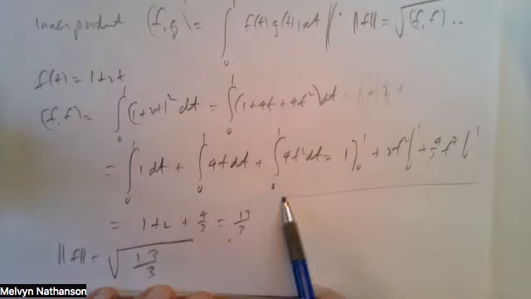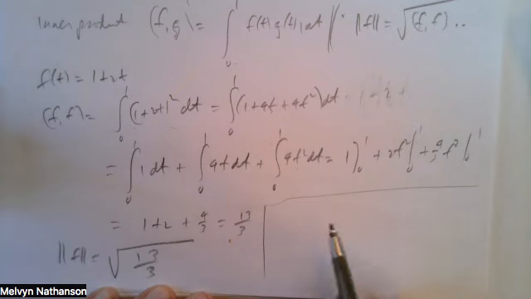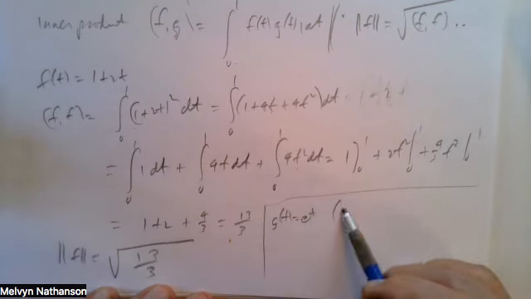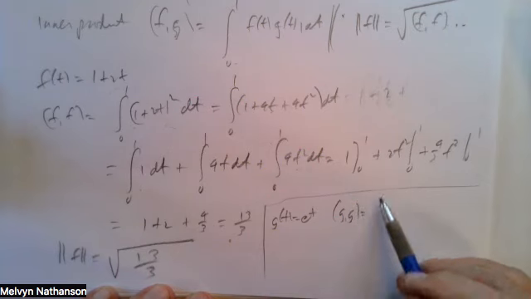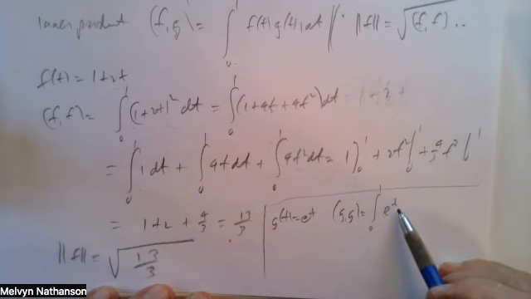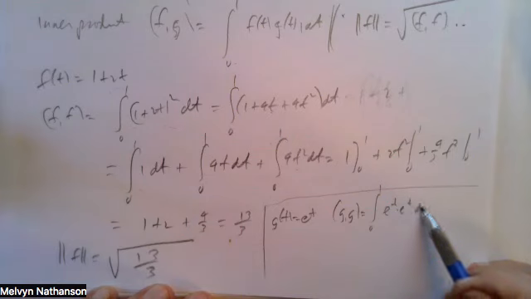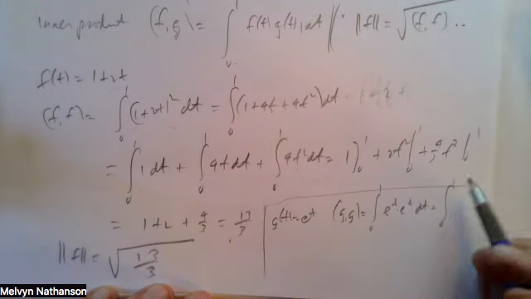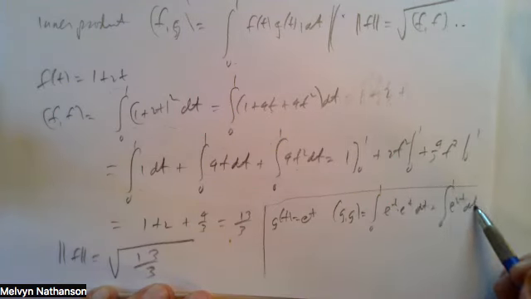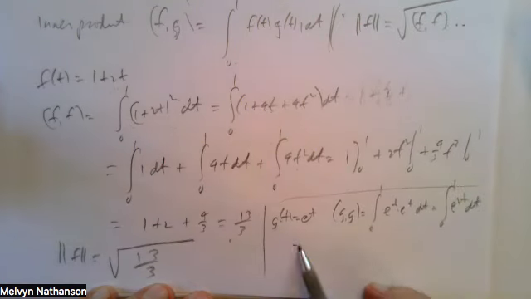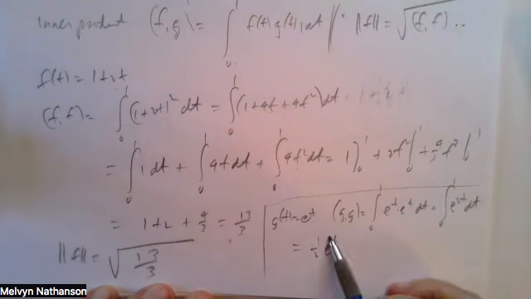So these are just exercises in calculus. The function g of t is e to the t. The inner product of g with itself is the integral from 0 to 1 of e to the t times e to the t, which is the integral from 0 to 1 of e to the 2t dt. The integral of e to the 2t is 1/2 e to the 2t, from 0 to 1.